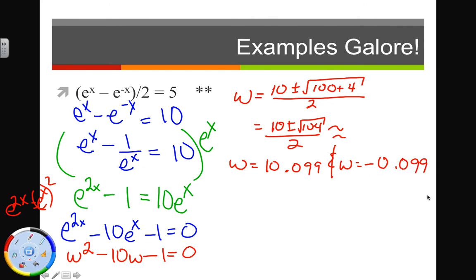Those are not your answers, because this is what w is. But we let w equal e to the x. That means e to the x is equal to 10.099, and e to the x is equal to negative 0.099, geez Louise, mister.